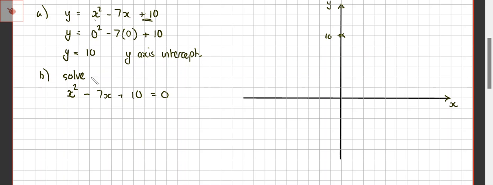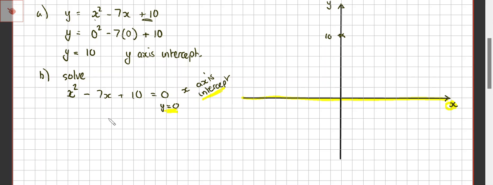So when we solve for equaling 0, it basically means find the x-axis intercepts, because that's when y equals 0. So that's along this line, right? Remember we've been doing that? All right, so that's where y equals 0. So we're looking for the x-axis intercept.